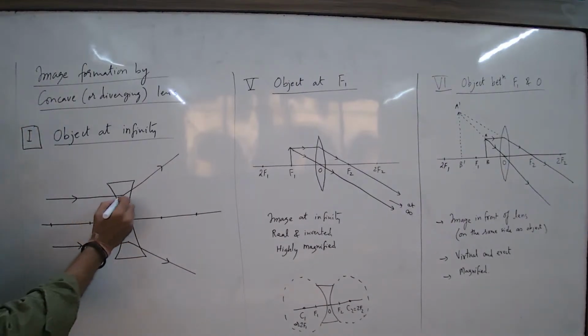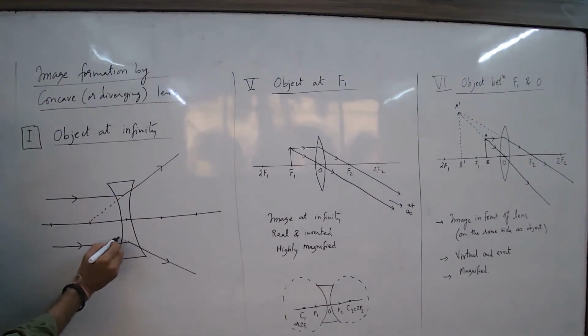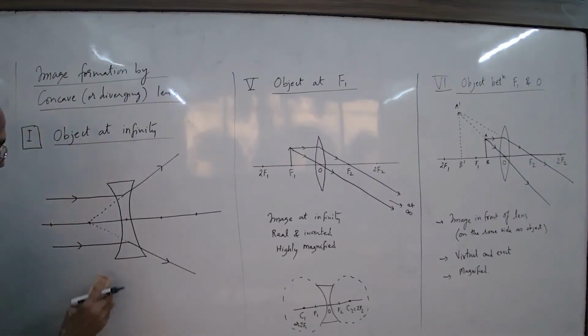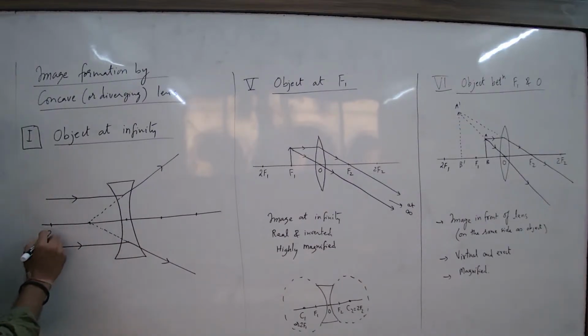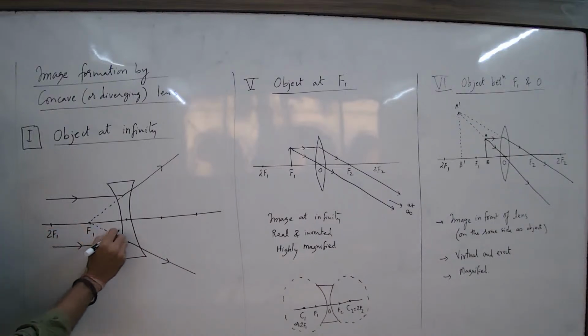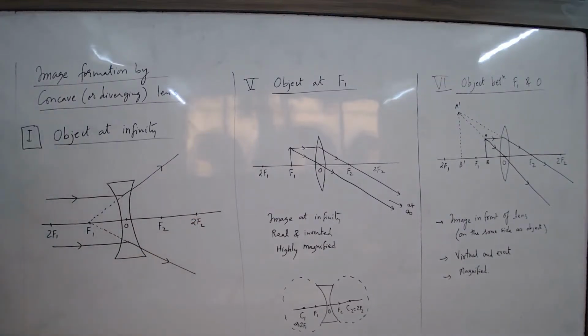Then when you extend it backwards, it meets at the focus. This is 2F1, this is F1.